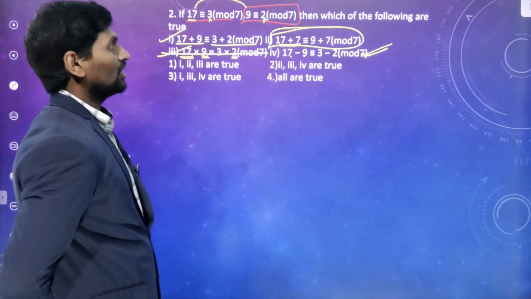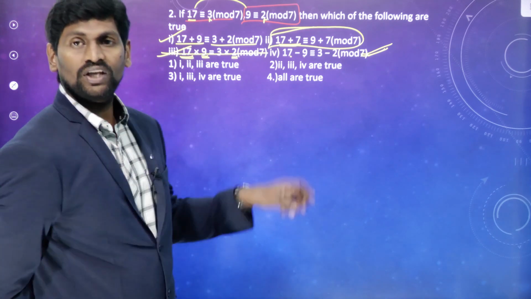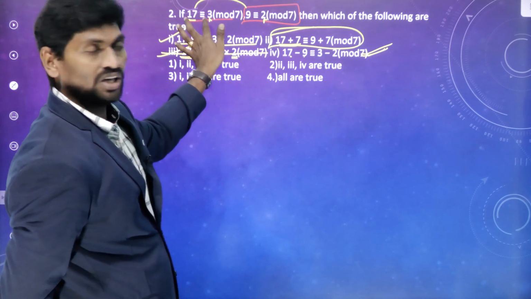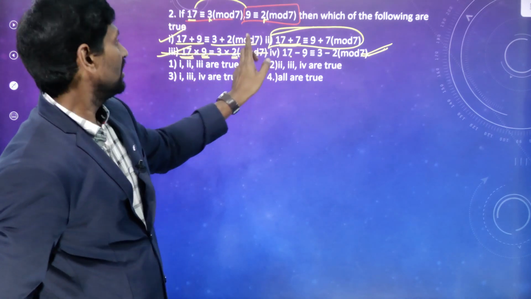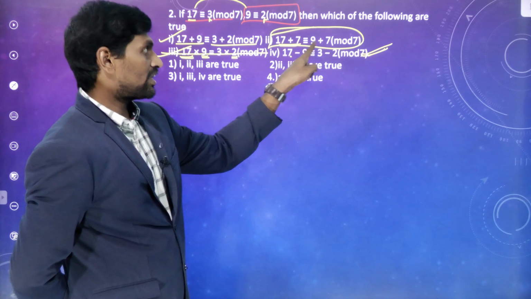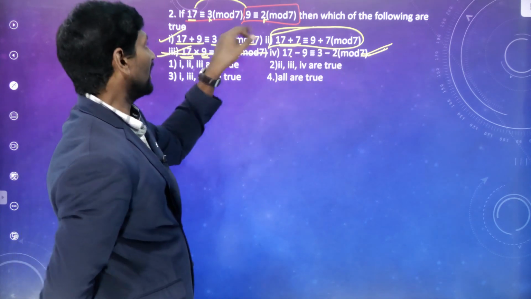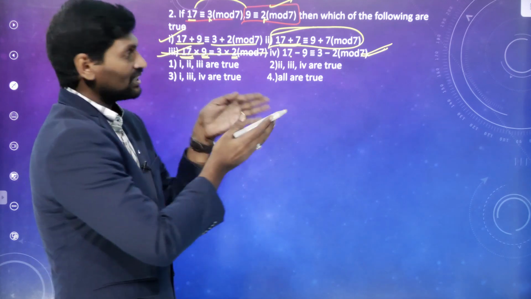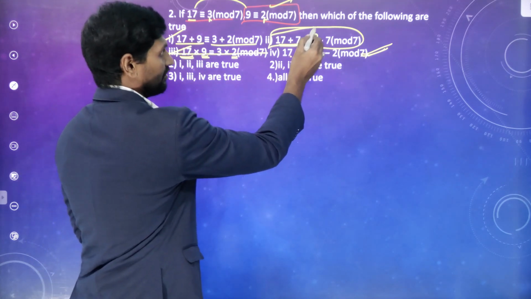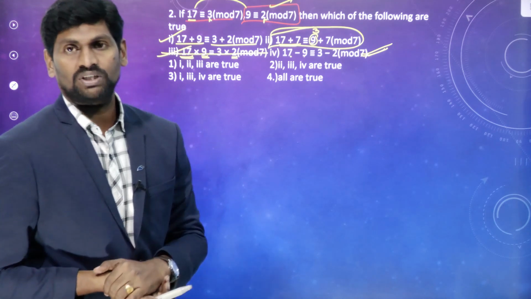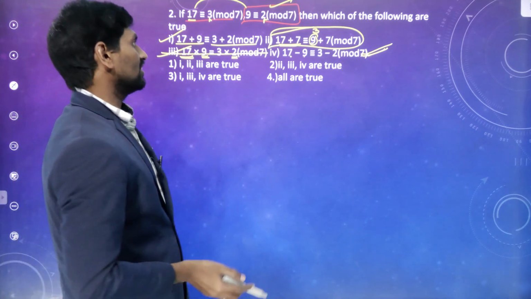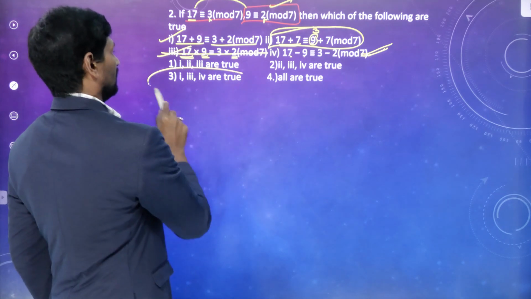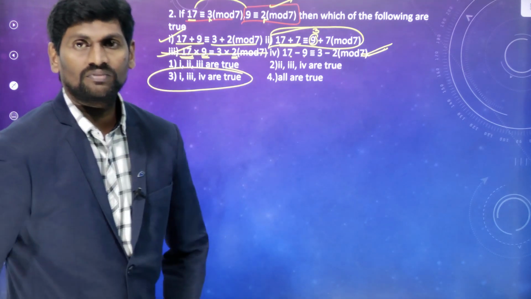From the congruent rules we cannot apply like that. You can add the same number to both of them. That means 17 plus 7 is congruent to 3 plus 7 modulo n. But here 17 plus 7 is congruent to 9 plus 7. 9 is in the second congruence, and 3 is in the first congruence. If it were 3, yes, the rule would be correct. But it is not given like this. So only 1, 3, 4 is our answer.